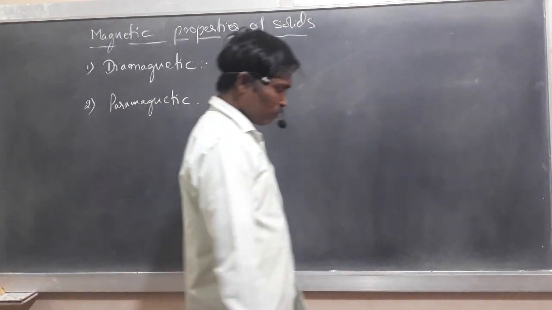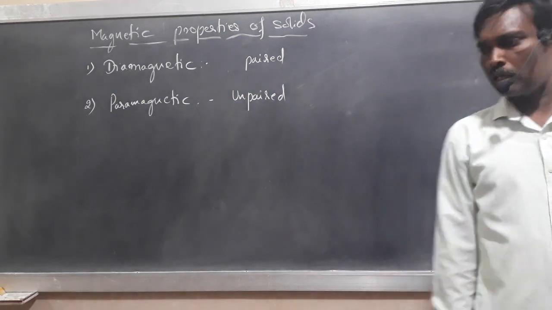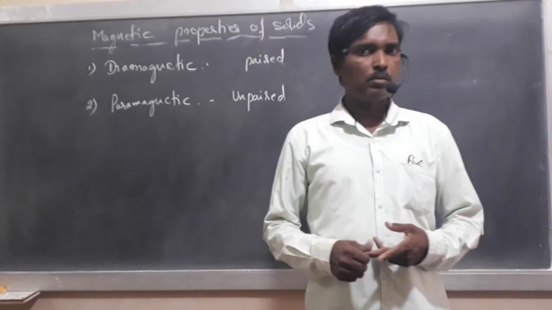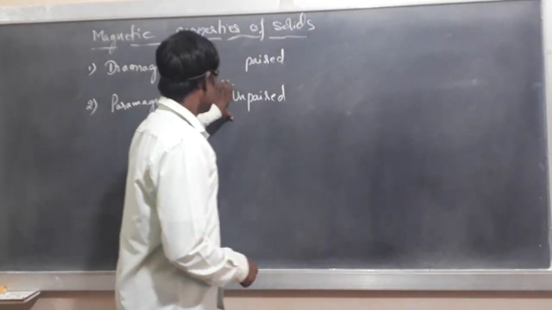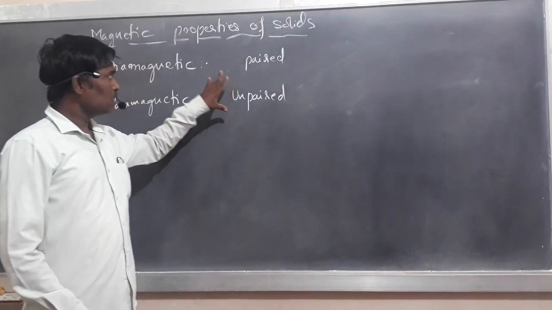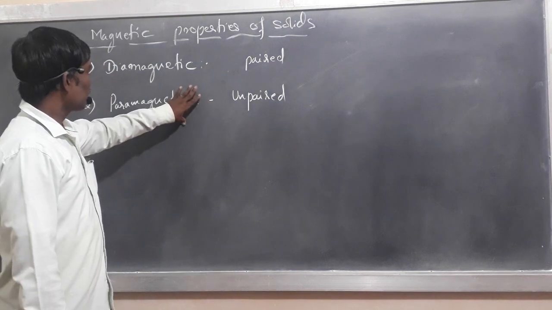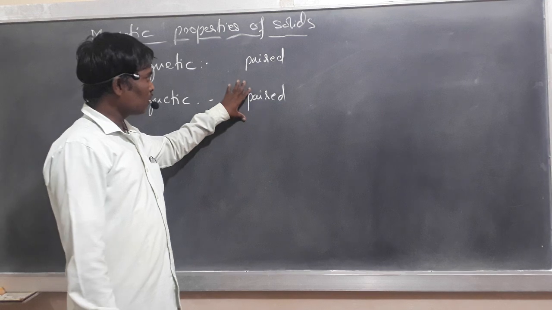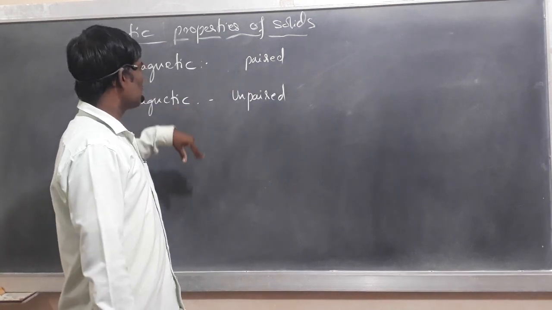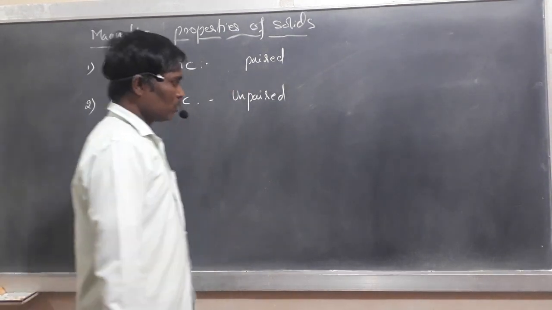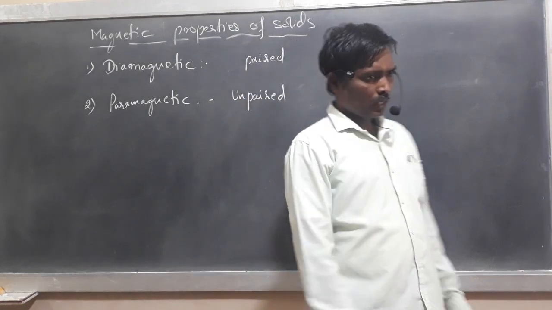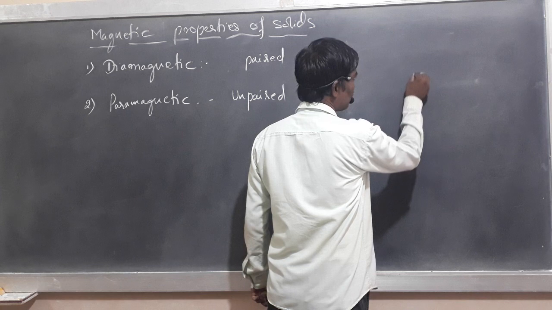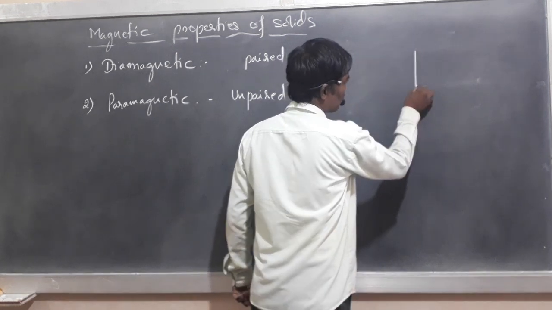Here students, before I proceed with the other types of solid substances, let me explain why these solids are attracted by the magnetic field. What is the role of the electrons? In paramagnetic and diamagnetic substances, we know that an electron is revolving around the nucleus.